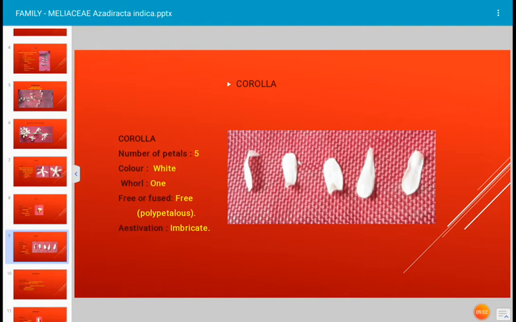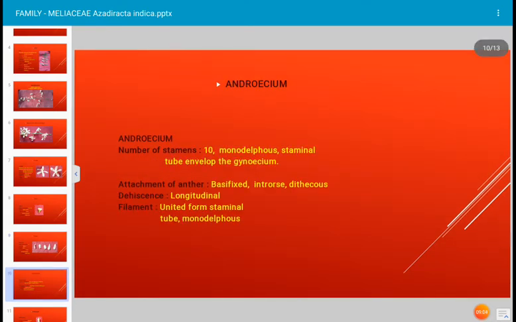Okay. Next, androecium, this is the male part of the flower, and generally it is considered as the third whorl of the flower. In the flower of Azadirachta indica, family Meliaceae, there are 10 stamens present. All the stamens, the staminal tube, filaments of the stamen, fuse and form a tube-like structure.